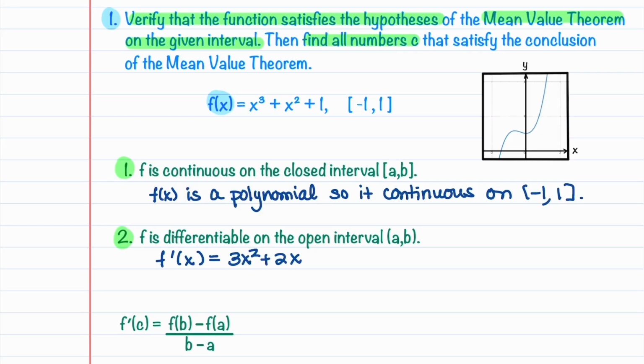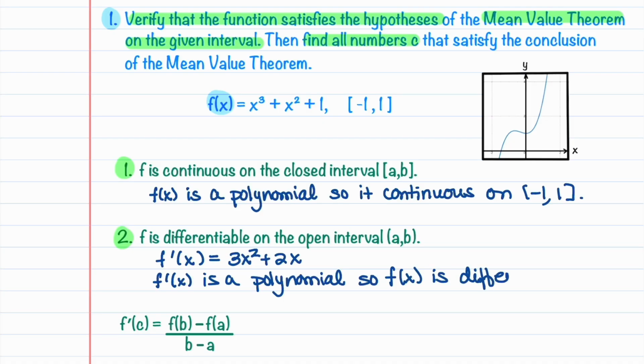Notice that the derivative is a polynomial, so we can say that f prime of x is a polynomial, so f of x is differentiable on the open interval from -1 to 1.